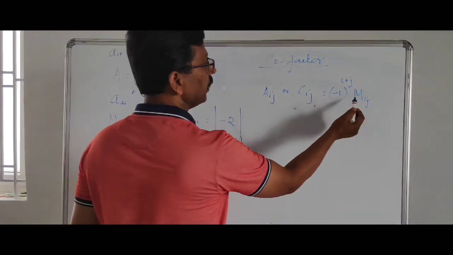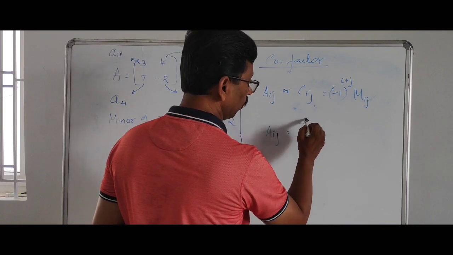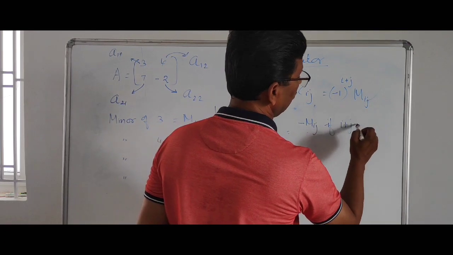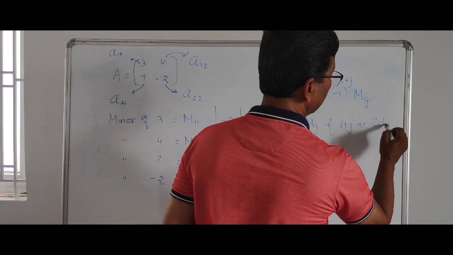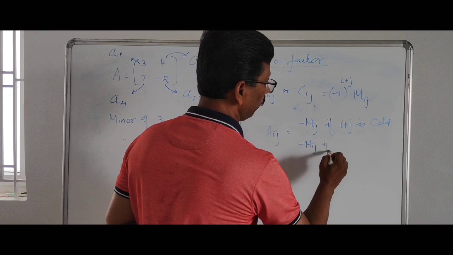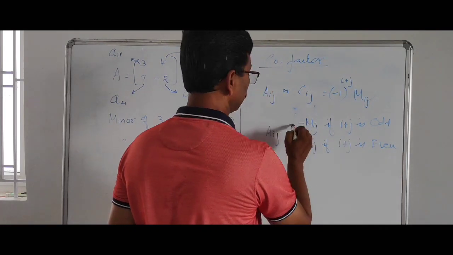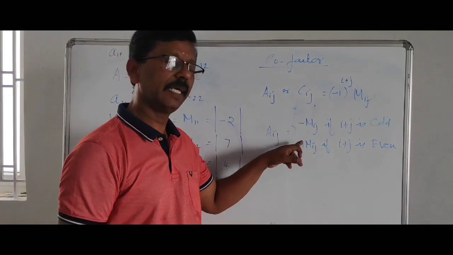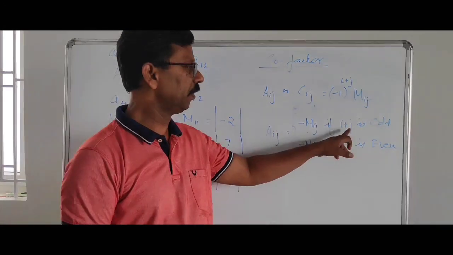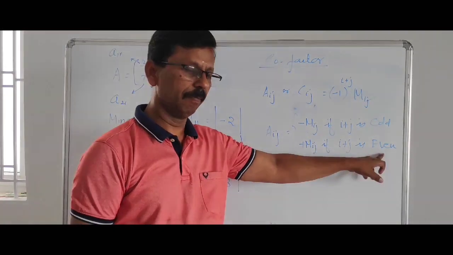Now this Mij is negative if i plus j is an odd number, and this Mij is positive if i plus j is an even number. Now these are the two signs we are going to assign for this minor to get the corresponding cofactors. That is, if i plus j is an odd number, then we assign minus sign. If i plus j is an even number, then we assign plus sign.